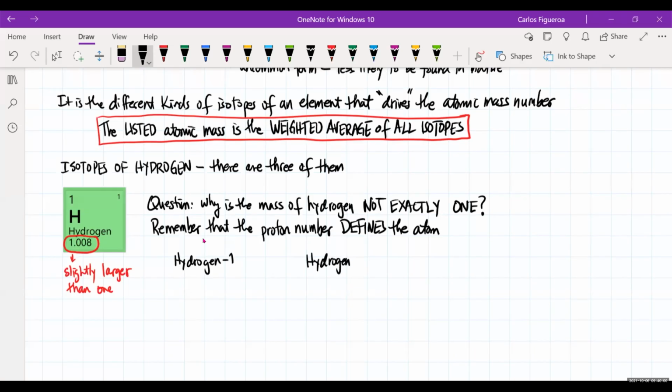So there's hydrogen 1, 2, and 3. These are very famous isotopes, okay? Hydrogen 1 is what we typically call hydrogen. Hydrogen 2 is called deuterium. And hydrogen 3 is what we typically call tritium.